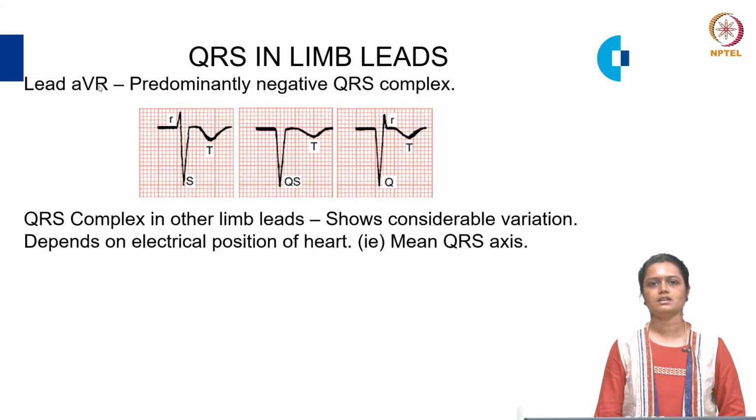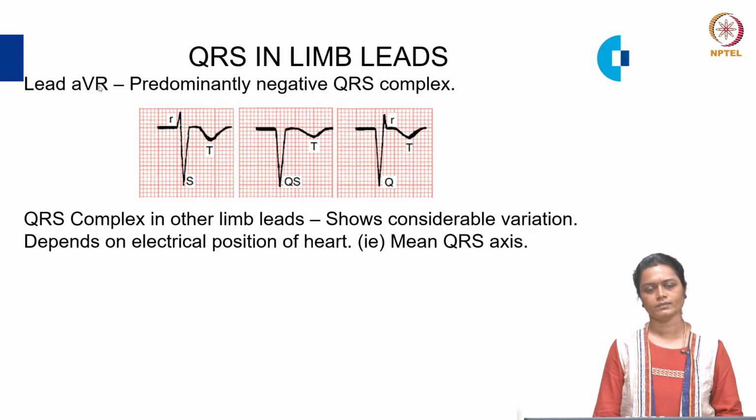If the heart is electrically horizontal, or the mean QRS axis is directed horizontally, then you have a predominantly positive QRS complex in leads 1 and AVL, because these two leads are oriented horizontally. And if the heart is electrically vertical, then you have a predominantly positive QRS complex in the inferior leads, namely lead 2, lead 3 and AVF.